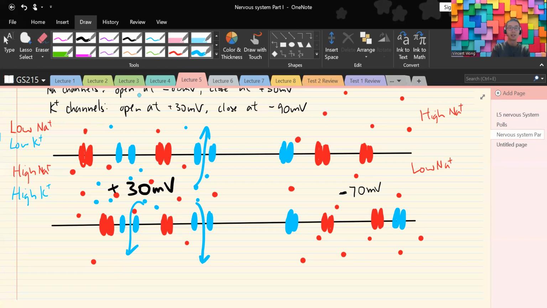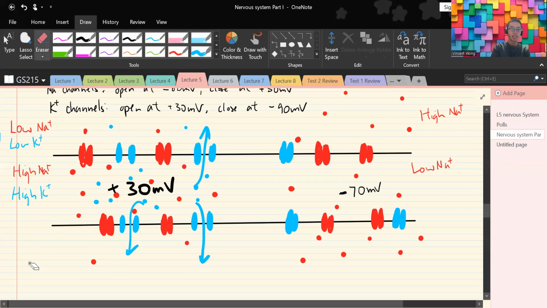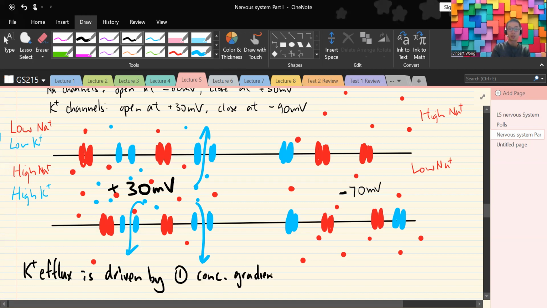Number one, there is a concentration gradient. Let me write this down for you. The potassium efflux is driven by, number one, concentration gradient. In other words, they like to go from high to low.